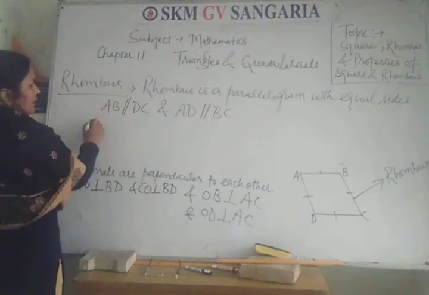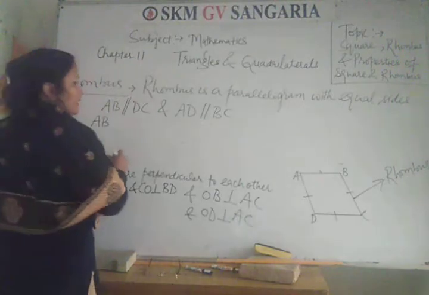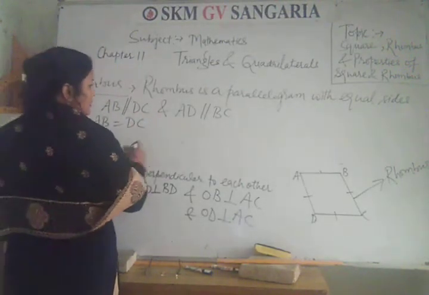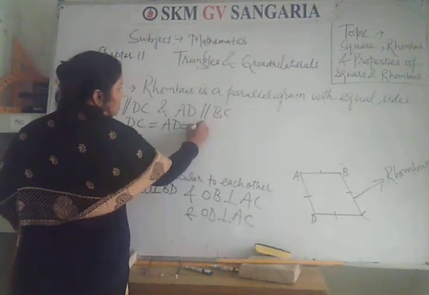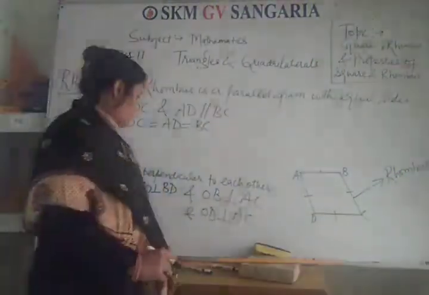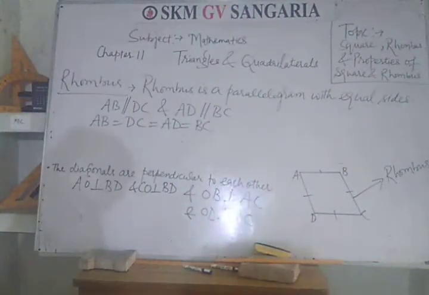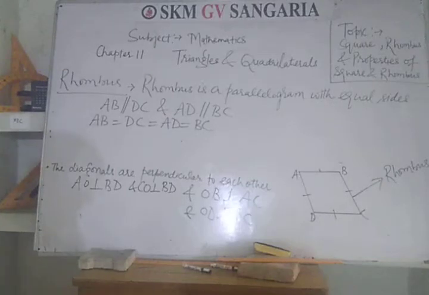All sides are equal, which means AB is equal to DC is equal to AD is equal to BC. All sides are of equal measure. This is about a rhombus: opposite sides are parallel and all the sides are of equal length.